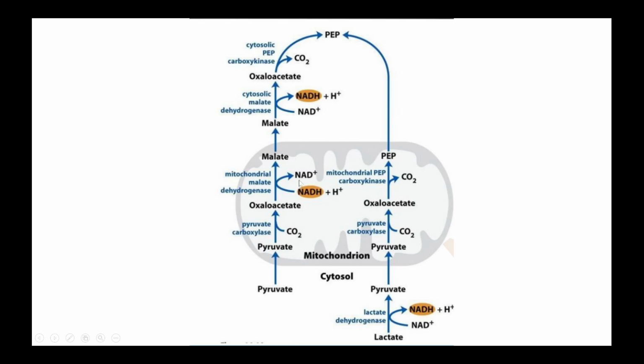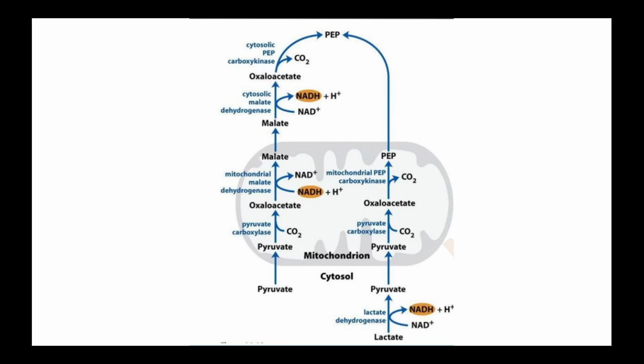Okay, but in this case, if oxaloacetate would have got converted into phosphoenol pyruvate directly with the PEP carboxykinase, the level of NADH will be low in the cytosol. So NADH levels are generally low in the cytosol and high in the mitochondria.